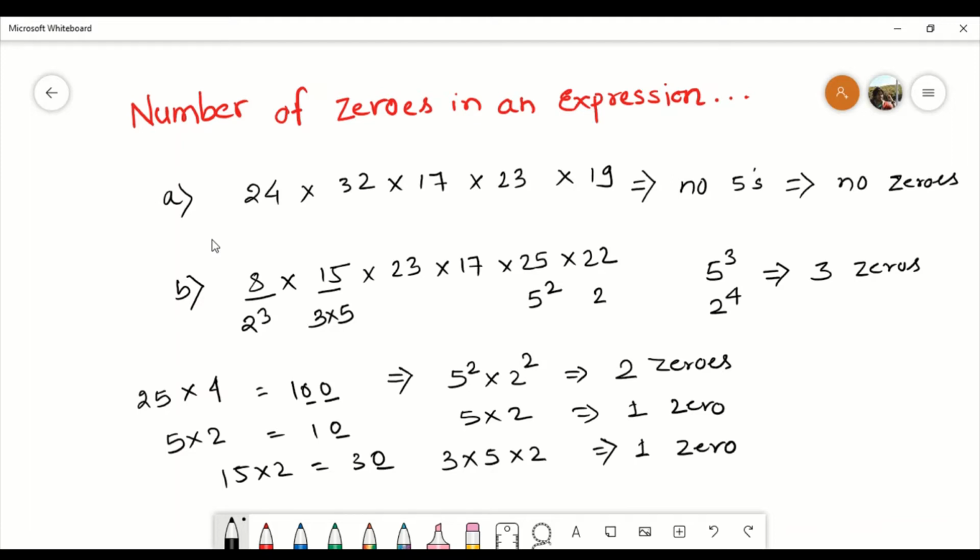So this is the way to find the number of zeros in any expression. We have to count the number of 2s and the number of 5s, and then whichever is lesser will be the number of zeros, right? Now we'll see another extension of this problem.